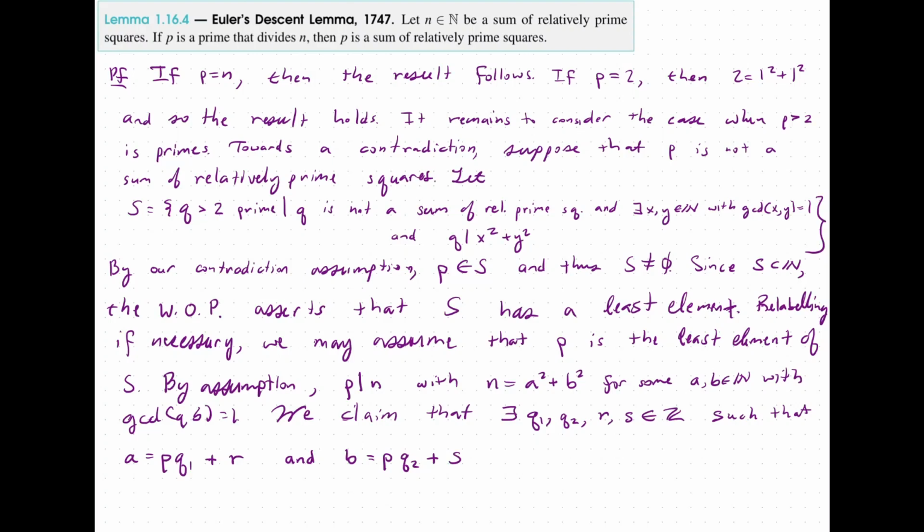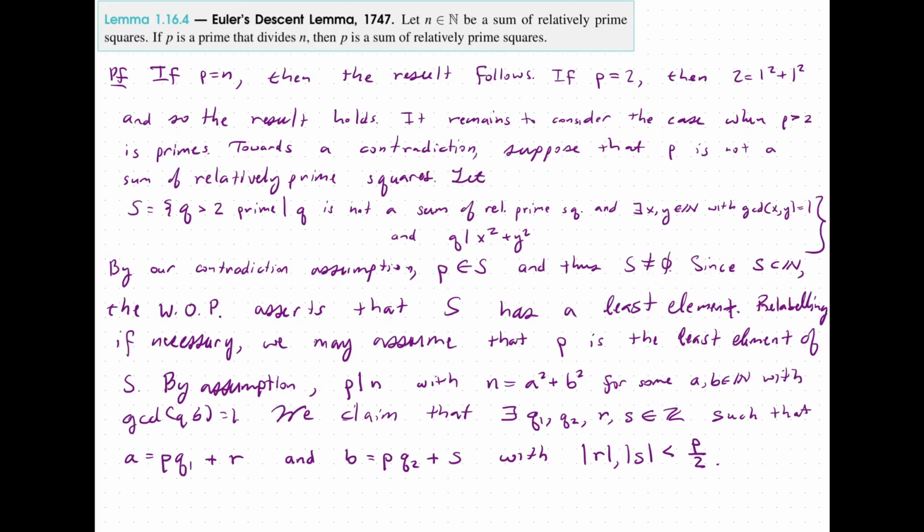The thing about this is that we want something stronger than what the division theorem asserts. Technically, it's going to be equivalent, but we want R and S to satisfy the following: the absolute value of R and the absolute value of S to be strictly less than P over 2.